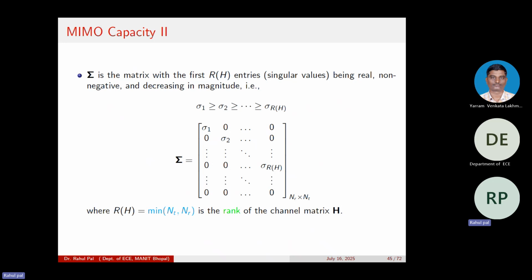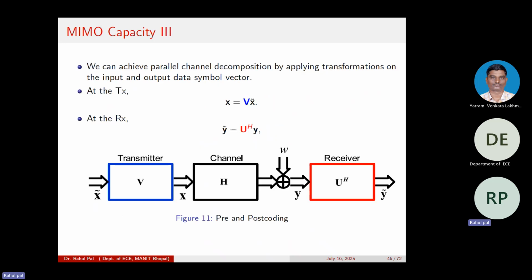The sigma matrix can be written like this, with diagonal elements sigma 1, sigma 2, up to sigma r. These diagonal elements are arranged in non-increasing order, meaning sigma 1 is greater than sigma 2, sigma 2 is greater than sigma 3, and so on.